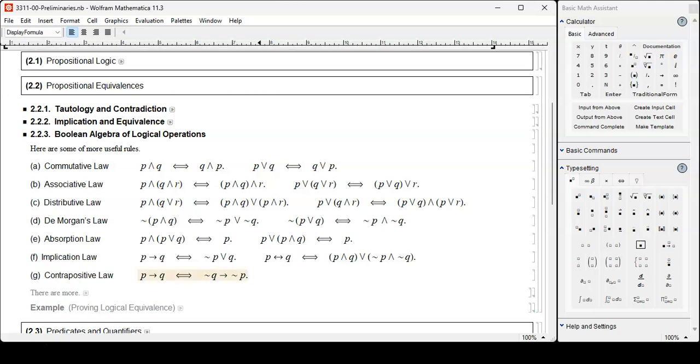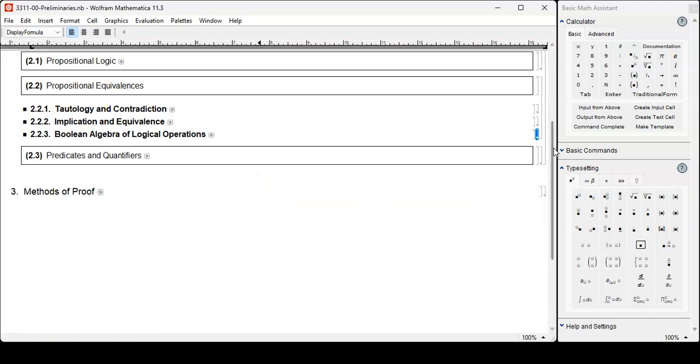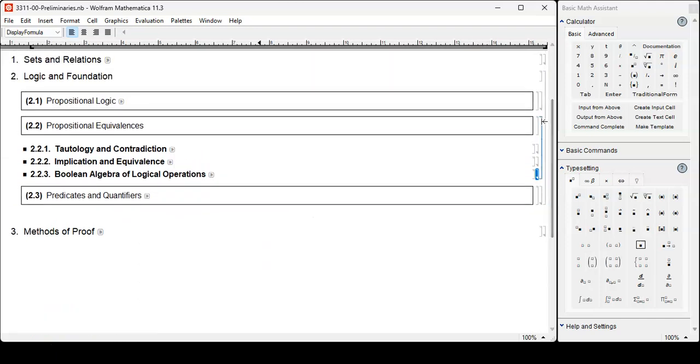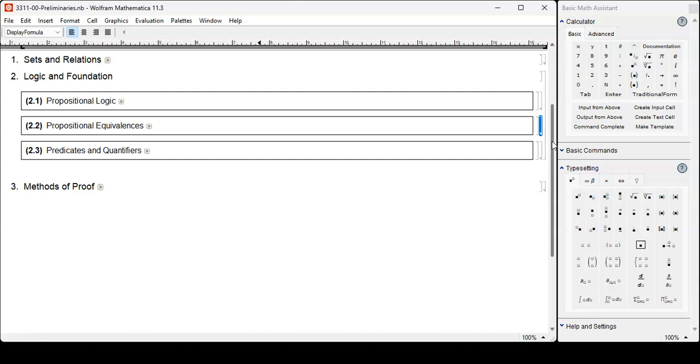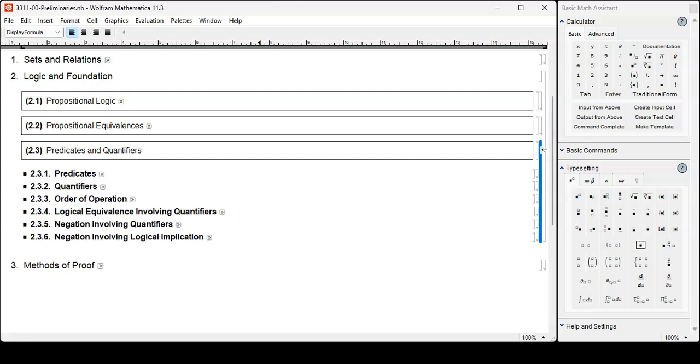Contrapositive law, we went through those, and if you want to prove any of those, the best foolproof way is to devise that truth table and the final results are identical, and that's how you can prove anything. Okay, so much for the preparations, and let's talk about something important.